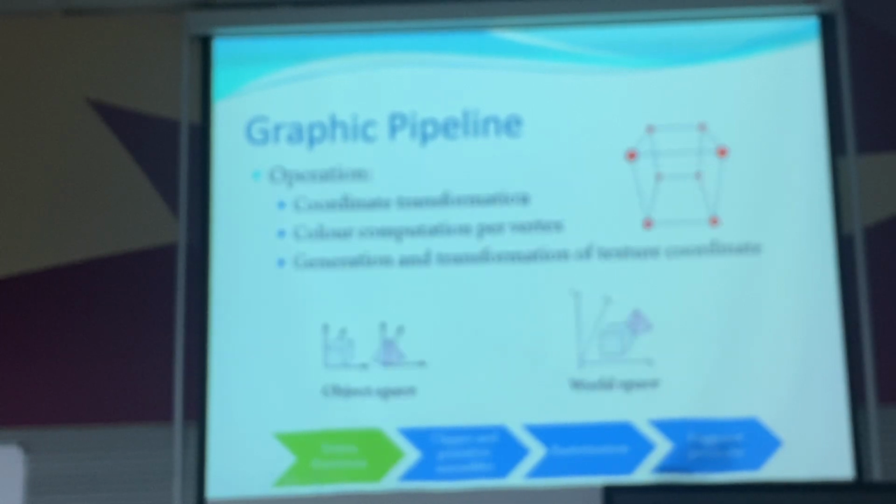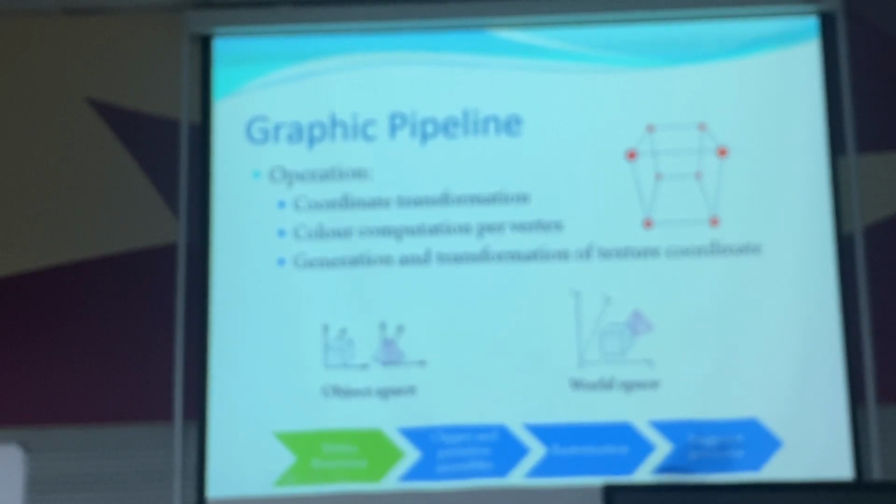So in the vertex processor, it will do the transformation where this point should be, the location, the positions of the point, and then what is the color of this point, and then the texture coordinate if you do the texture mapping. So to show this vertex or this point, you can either use object space, based on your origin.